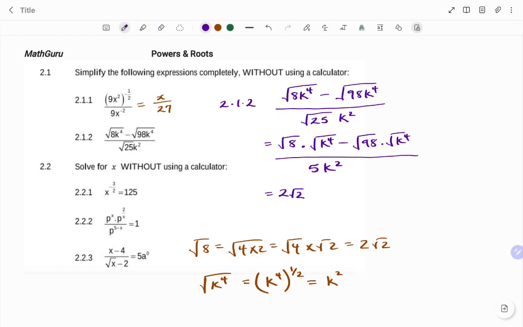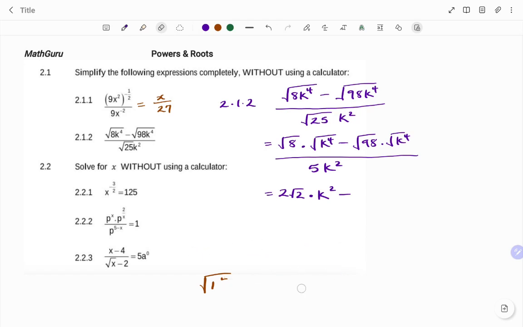So that will be 2 root 2 times k squared minus, I'm going to do the same thing for 98. To simplify, I have root of 98 is the same as root of 49 times 2, which is root of 49 times root of 2, which is 7 root 2.